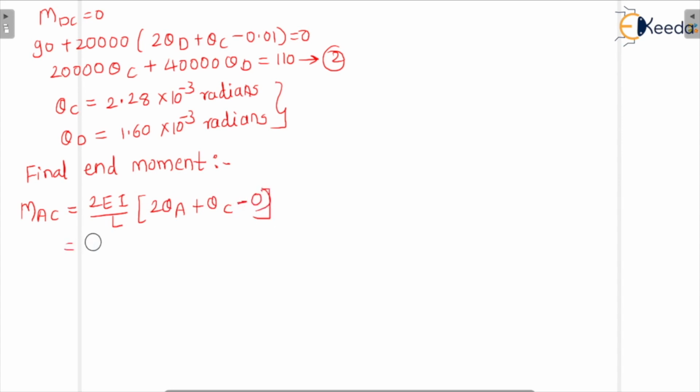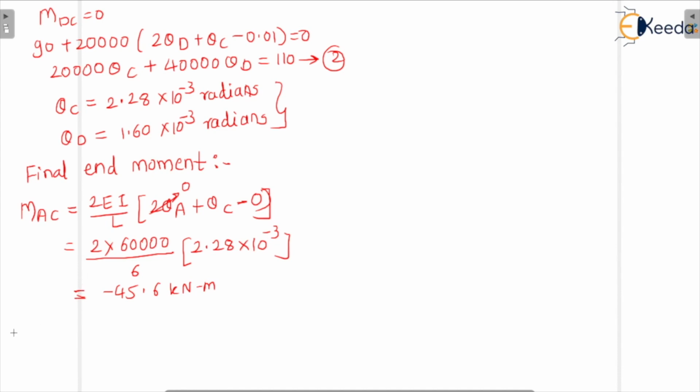So 2 into 60,000 divided by 6, and theta A is 0, so simply add theta C, which is 2.28 into 10 to the power of minus 3. So our answer is minus 45.6 kilonewton meter.